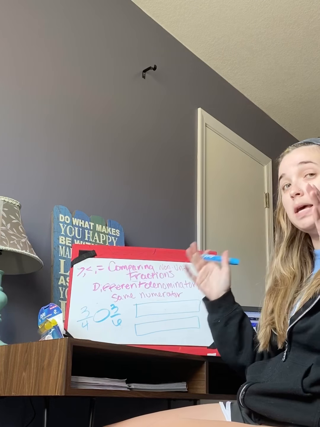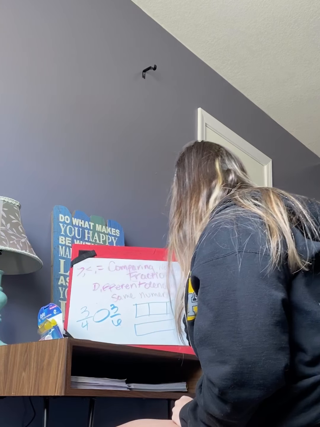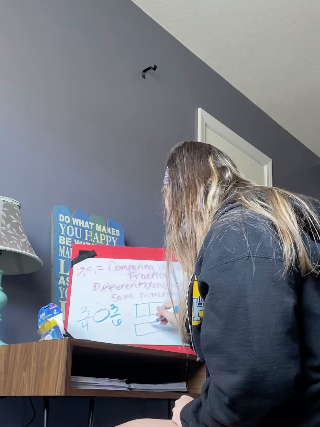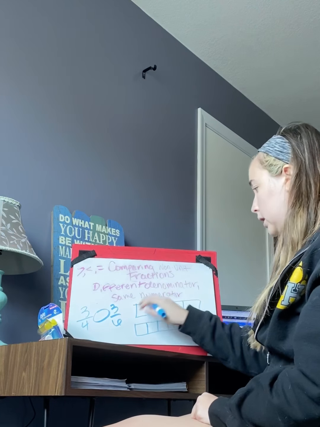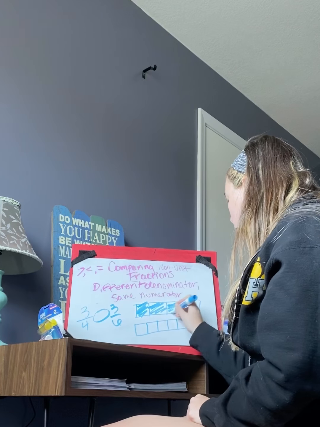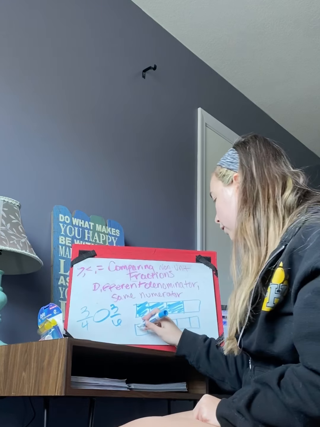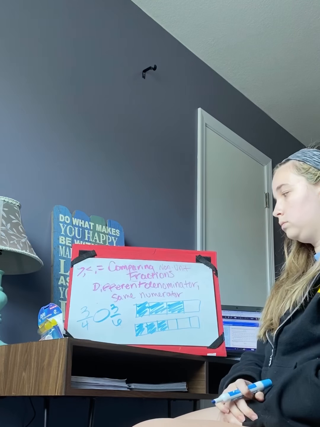They have to have the same size whole. Okay, so 4ths, and then 6ths, and then I've got 3/4, 1, 2, 3, and I've got 3/6, 1, 2, 3.